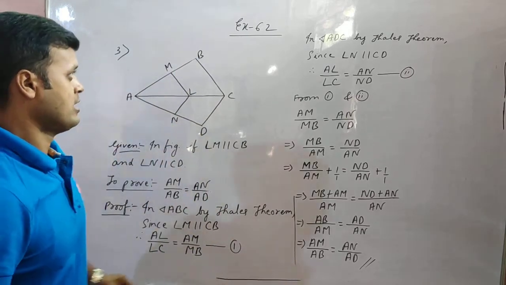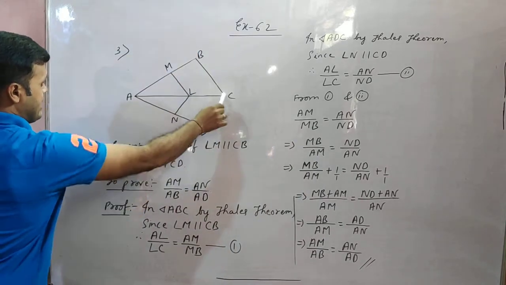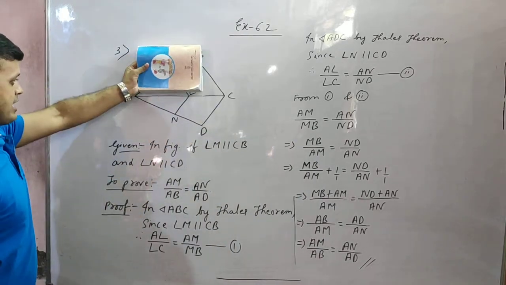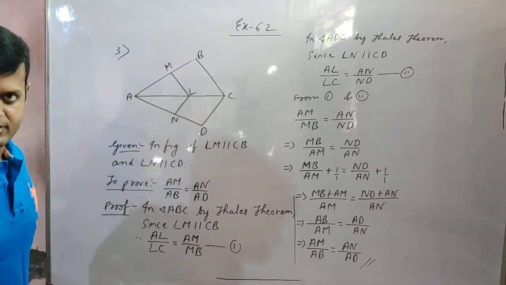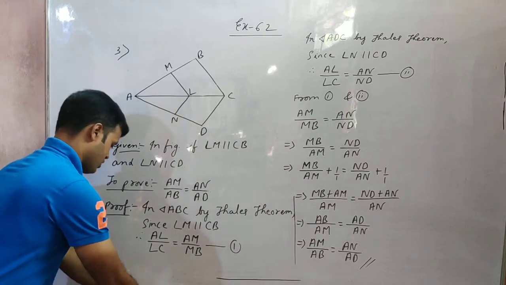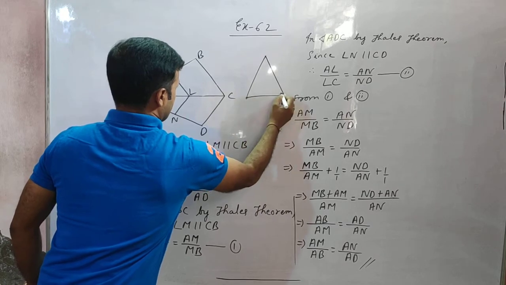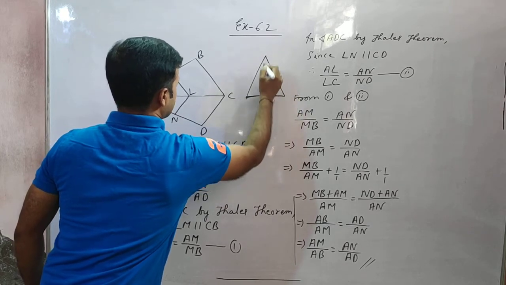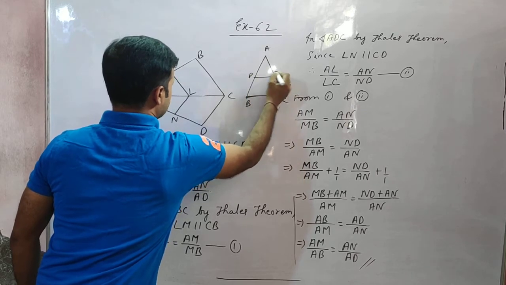Mark it number 1. Now in triangle ADC, just consider the lower triangle. In triangle ADC, since LN is parallel to CD, in the same way, what does theorem 6.1 say? Theorem 6.1 says that suppose this is ABC and this is PQ.